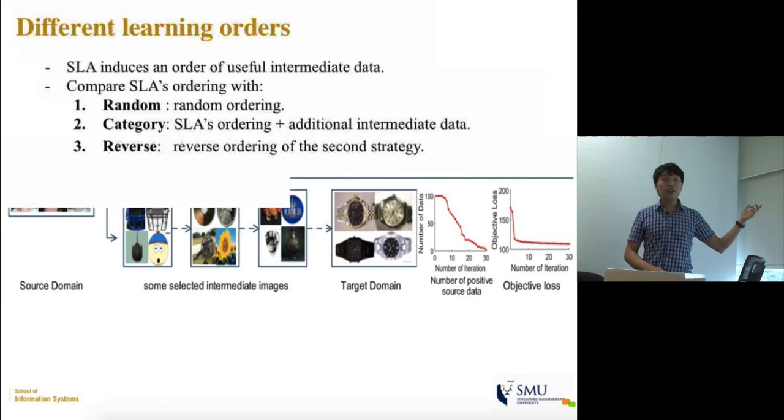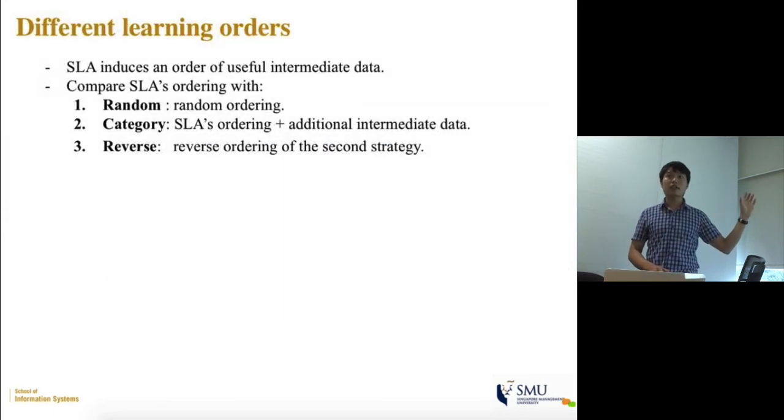Talking about the order of the appearance of the intermediate domain, they also try to understand how useful this order is. They compare the selection learning algorithm's ordering with three different manually designed orders. The first one is random. They basically just put all the categories in random order when they train the autoencoder.